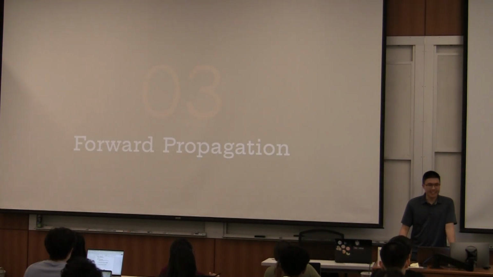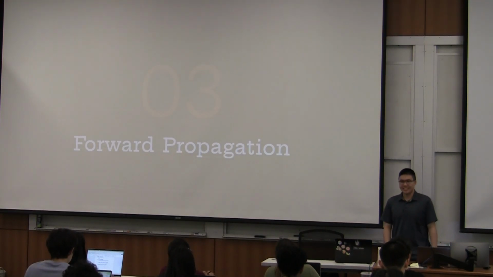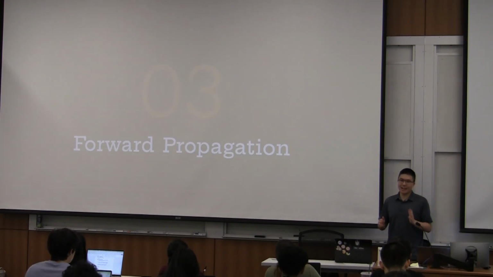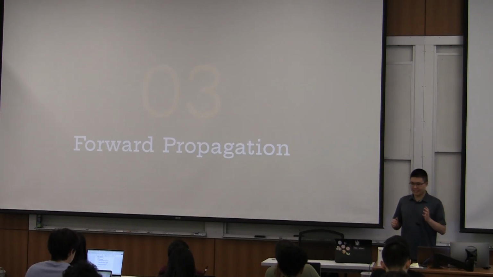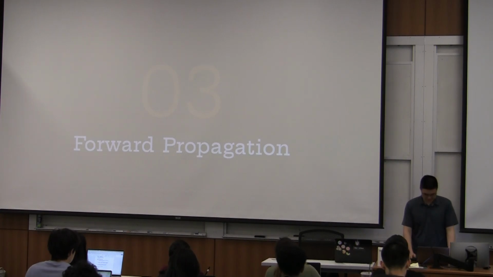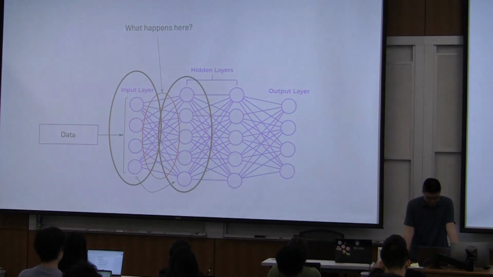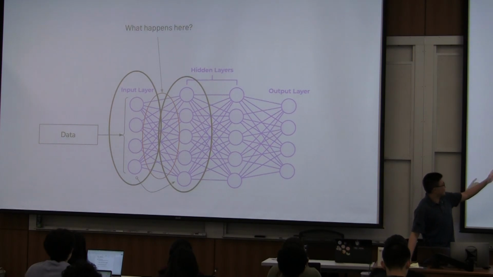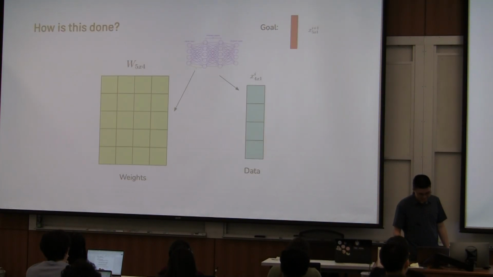Okay, any questions? Okay, we'll go on to forward propagation, which is how we compute how the neural network gives us the outputs. So let's talk about this part, which is in between two layers. What is going on with the weights?